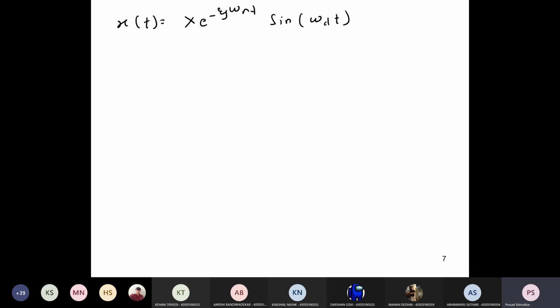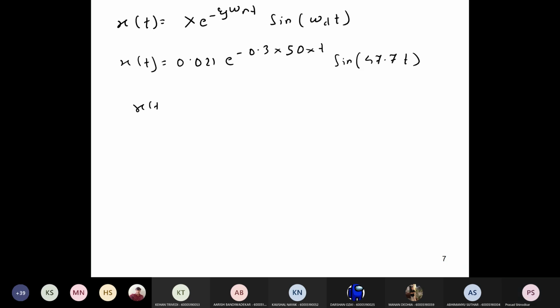So I will just substitute all the values. x(t) is equal to capital X, which we have just found out, 0.021, into e raised to minus zeta is 0.3, omega n is 50, into t, and sine omega d is 47.7 into t. So that makes displacement x(t) equal to 0.021 e raised to minus 15t sine 47.7t.